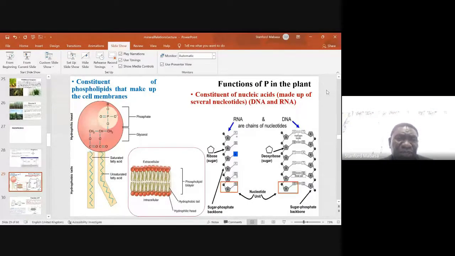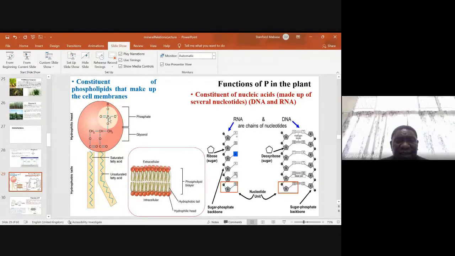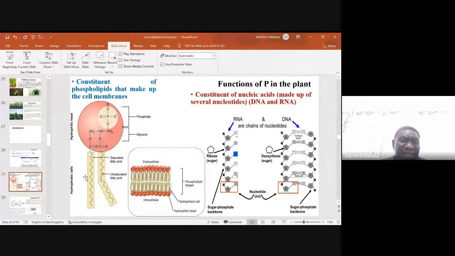Now, it is important for you to note that phosphorus is part of the phospholipids. This is a structure where you have this head representing phosphorus and this elongated part representing the fatty acid.